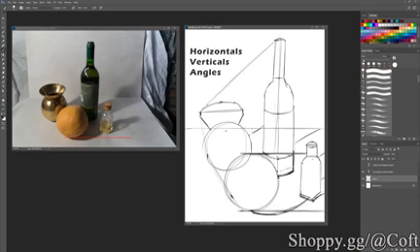After checking some horizontals, I can also do some verticals. So from here, I can see that this vertical line to that corner, there's not that much negative space, which in this one, there's quite a bit. So I need to make an adjustment there to really showcase the amount of size for that shape.